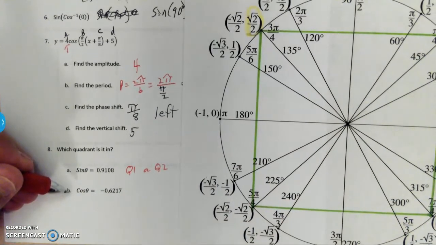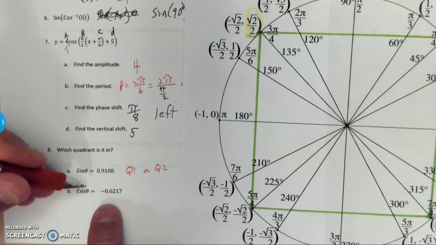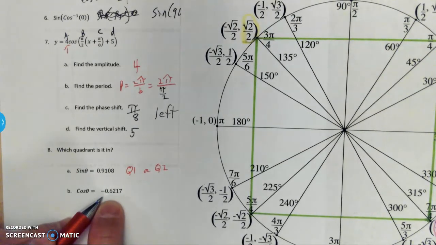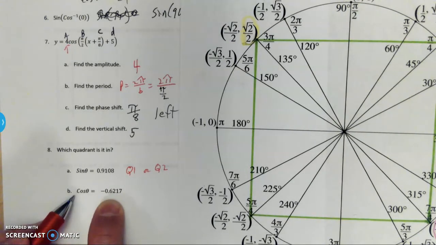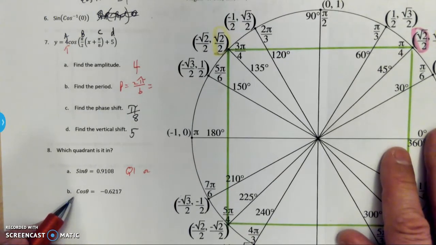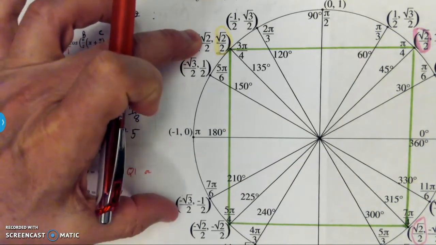Now the second one, cosine of theta is negative 0.6217, and I more care that it's just a negative number. So cosine is the x, so I need x values on the unit circle that are negative, like this one and that one here.